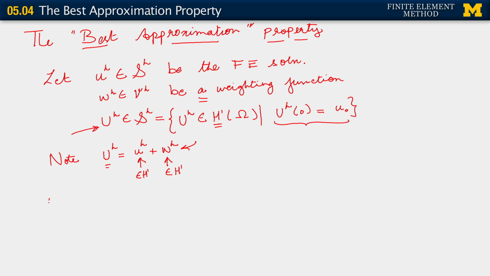So let me just state that capital UH equals little UH plus WH, where little UH is a finite element solution and WH is any weighting function. This does indeed belong to H1, and I will just write, and satisfies the Dirichlet boundary condition.